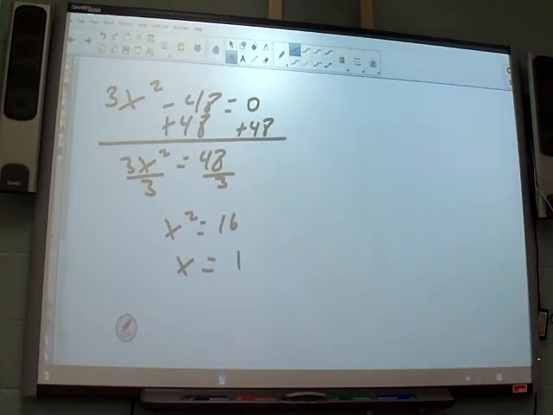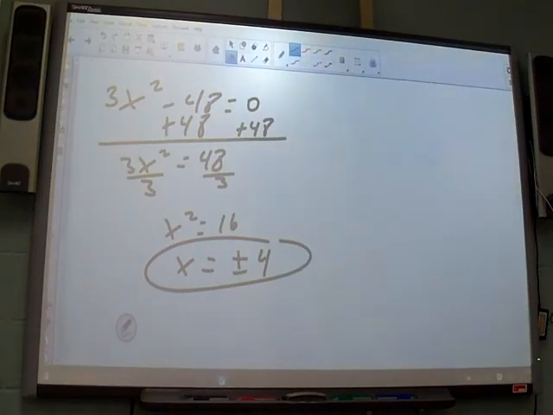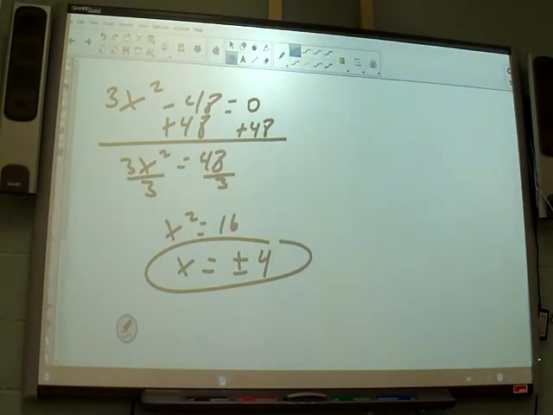Square root of 16 can be positive or -4. Alright, got a couple still writing on that, no problemo.